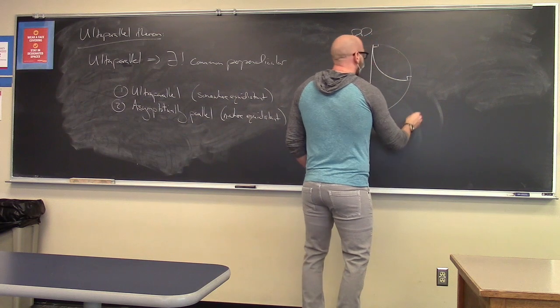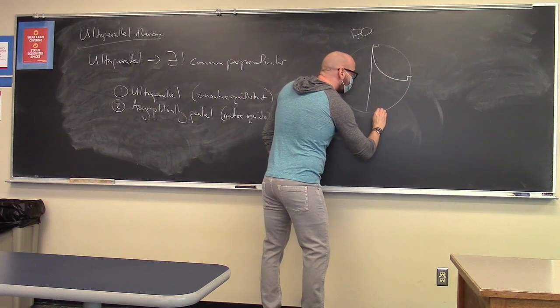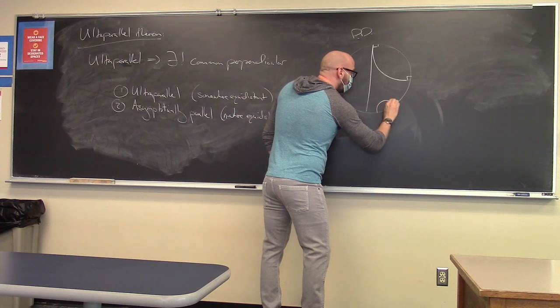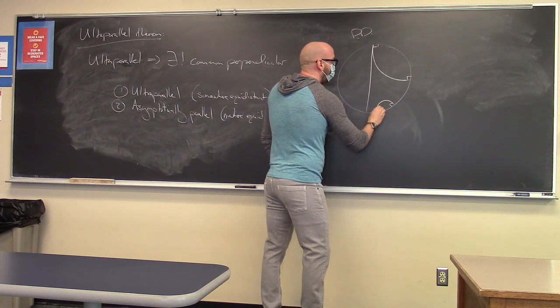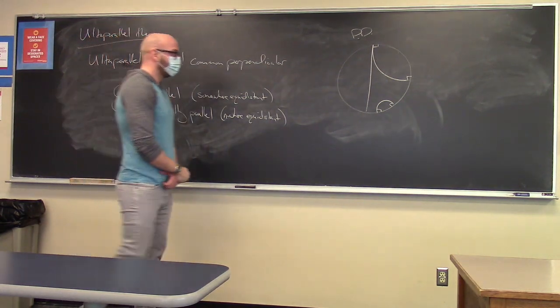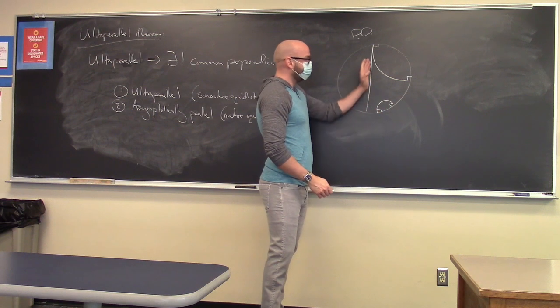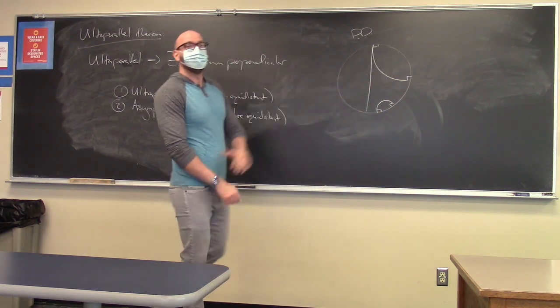Meanwhile, any of these two lines, and how about this line? Those are ultra parallel or disjointly parallel because they're really parallel. They don't intersect and they're not even trying to intersect at infinity.